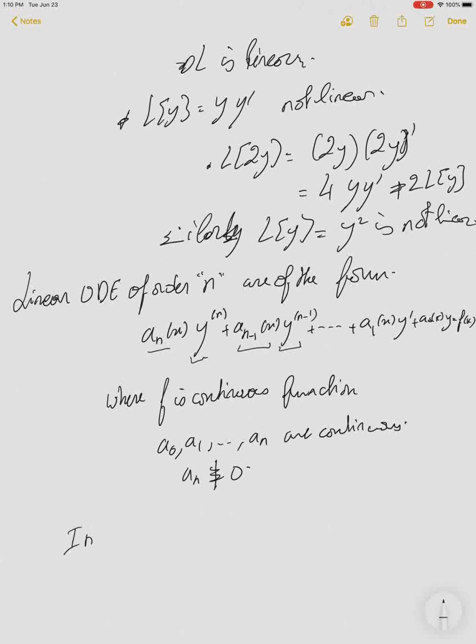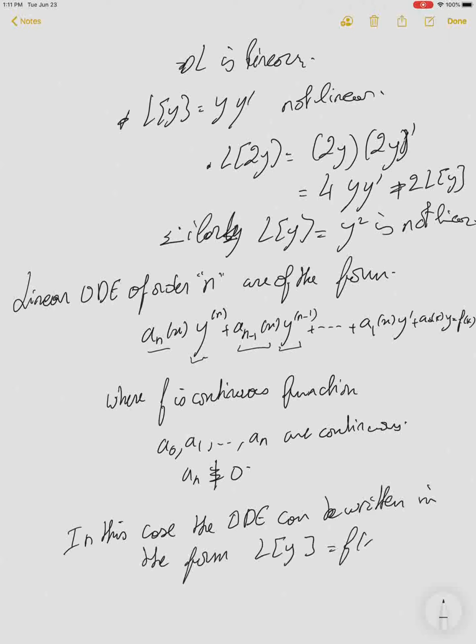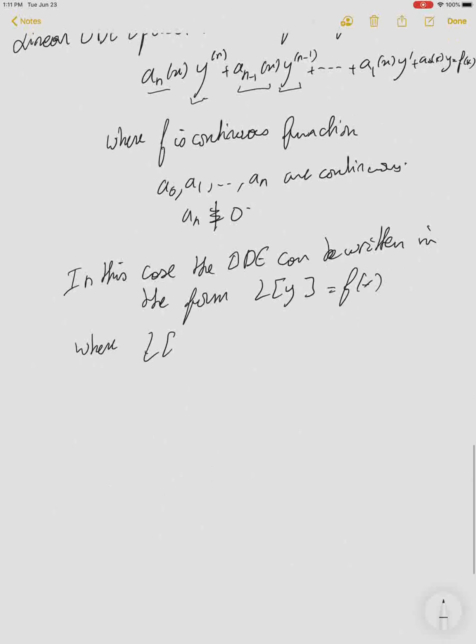So in this case, the ODE can be written in the form Ly equal f of x, where L of y equals a_n of x y^(n) plus ... plus a_0 of x y, a linear operator.